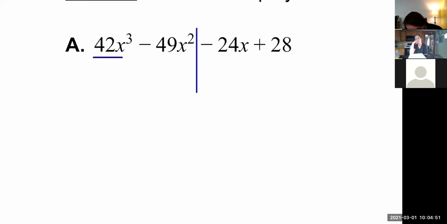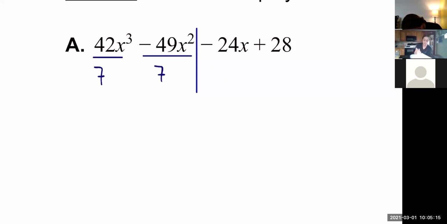What is the greatest common factor of these 2 terms? Start with the coefficients, 42 and 49. There are none. I said there was one. 7. Okay. And do they have any variables in common?